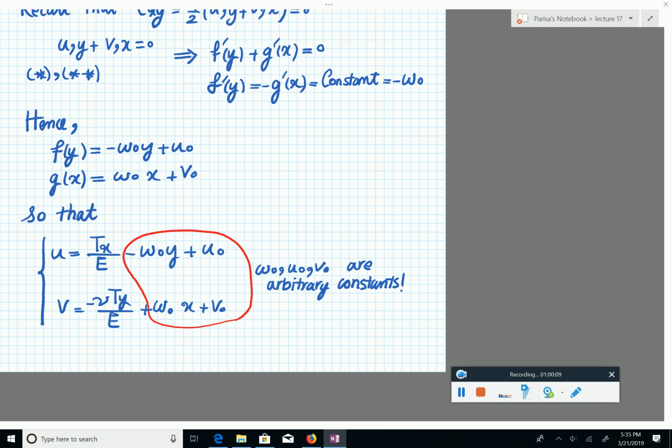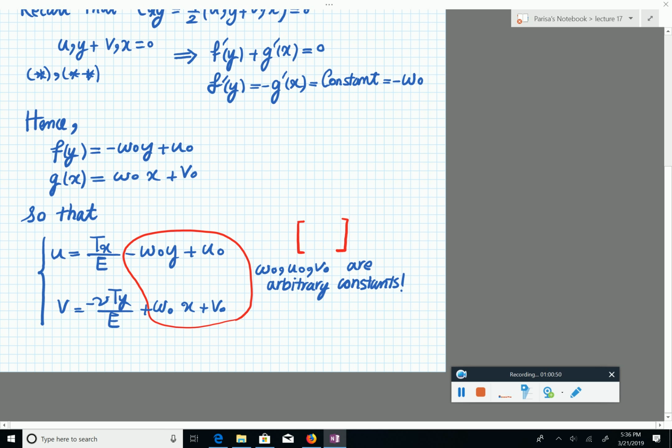But how about displacements? They don't have to be unique, they would be equal up to a rigid body displacement, some rigid body motion. Why? Because rigid body motion doesn't create any stress or strain, so it is there. So we kind of expect that. Now, if you take the gradient of just this portion, forget about the Tx over E and Ty over E part, how would that look?